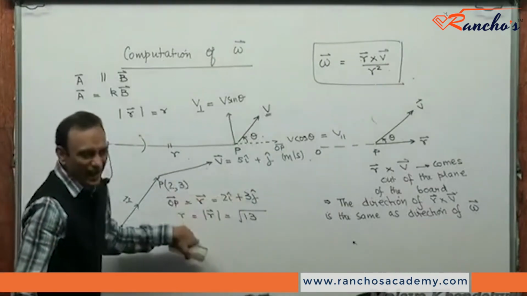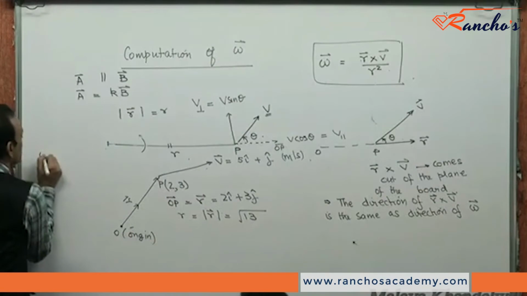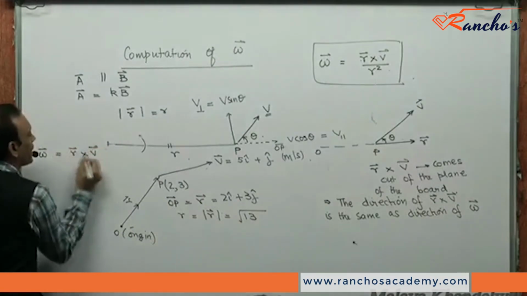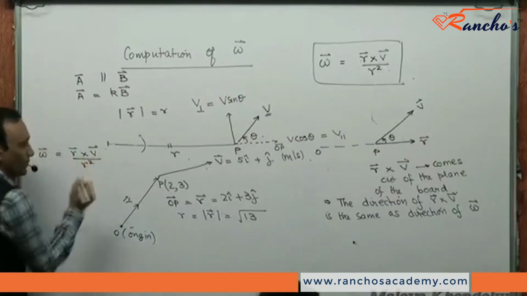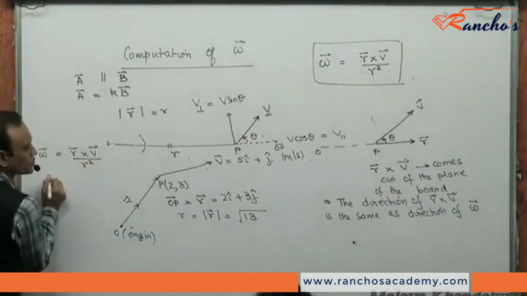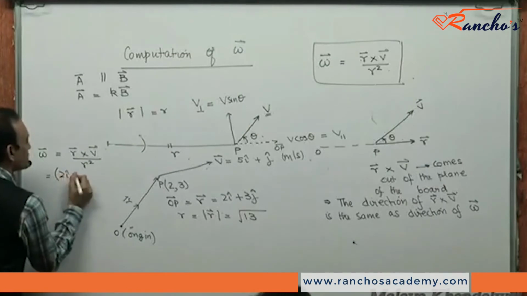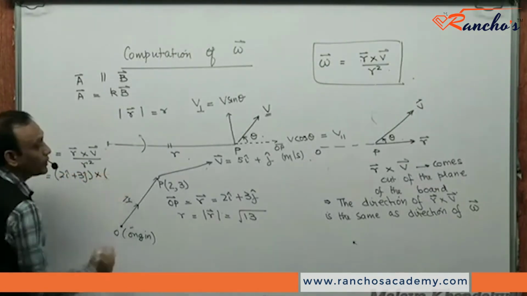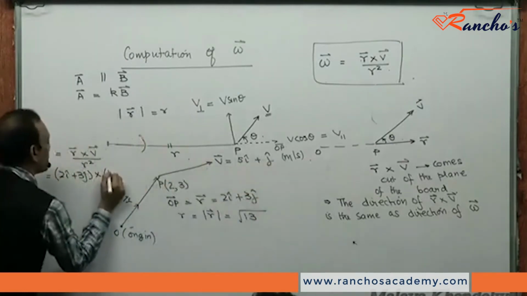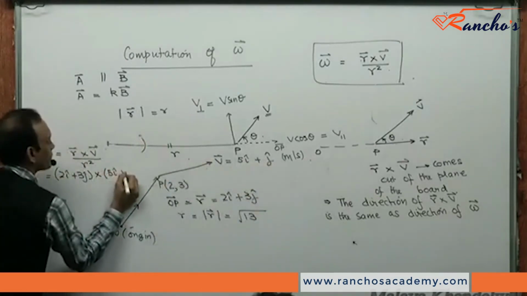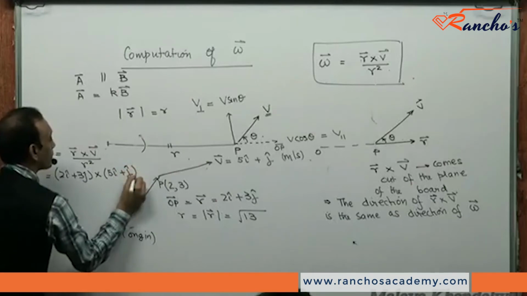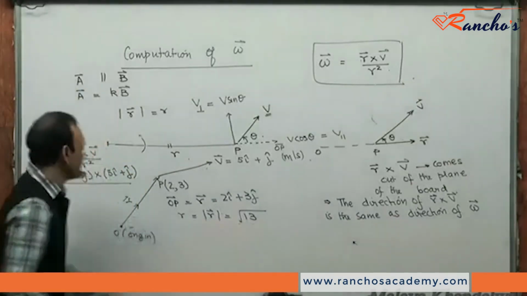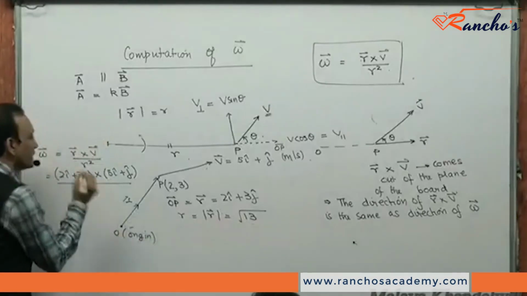Omega is computed as r cross V divided by r squared. That's the omega vector. R cross V means 2i cap plus 3j cap cross 5i cap plus j cap, divided by r squared, which would be 13.